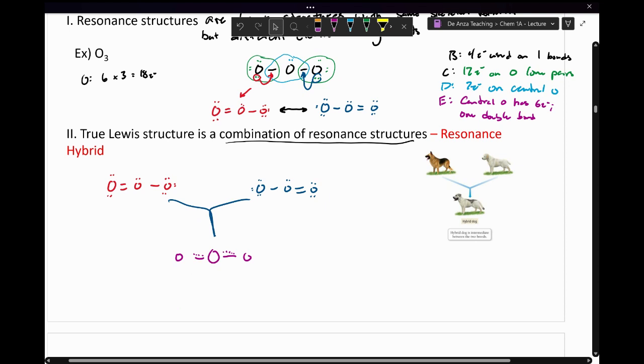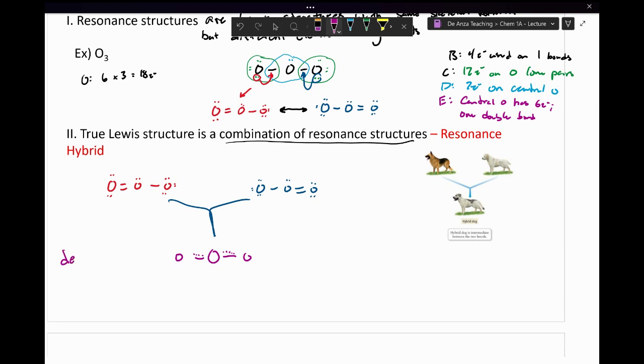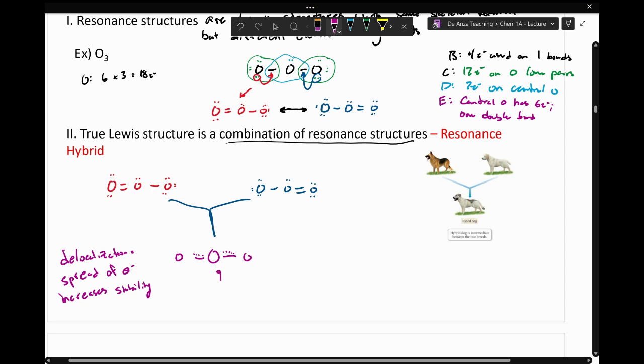And that's something called delocalization. So delocalization is equal to the spread of electrons. And what that does is it increases stability. And this purple thing right here, we call the hybrid or the resonance hybrid.